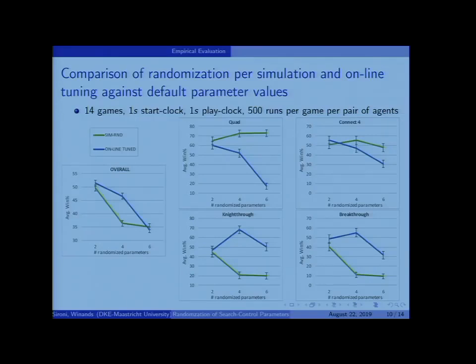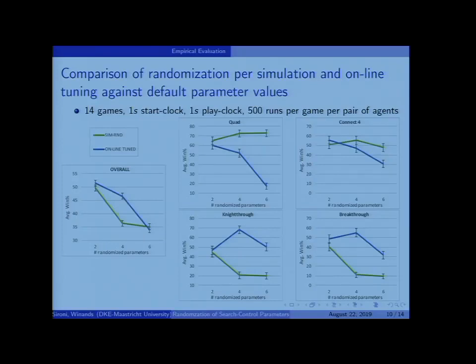When you're winning with just one move, your opponent can actually block you. But then with another move, you might open a lot of other possibilities. And I guess that the more parameters I'm randomizing, the more random paths I'm exploring, and the more I'm finding all these possibilities. So that's my guess on why it works on this game. While Knightthrough and Breakthrough have very narrow win paths.